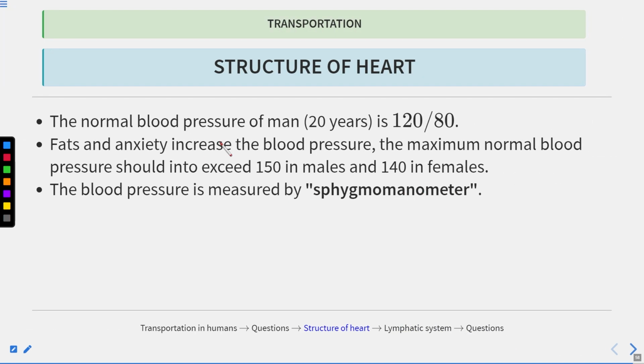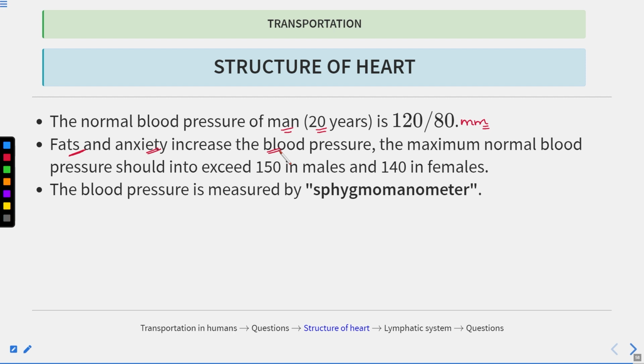Now, the normal blood pressure of a man of 20 years of age is 120 by 80 mm. This we have already discussed. So now, consumption of a lot of fat as well as anxiety increases the blood pressure.